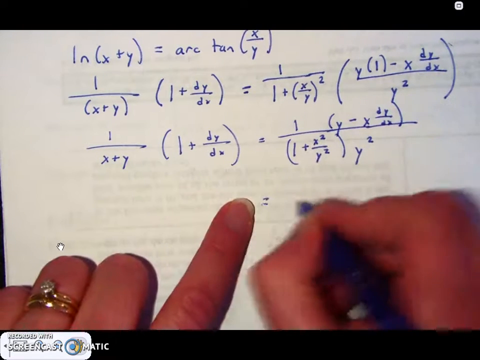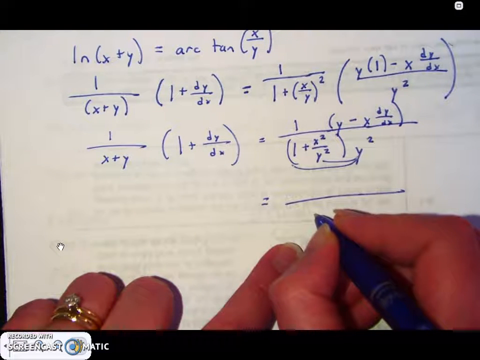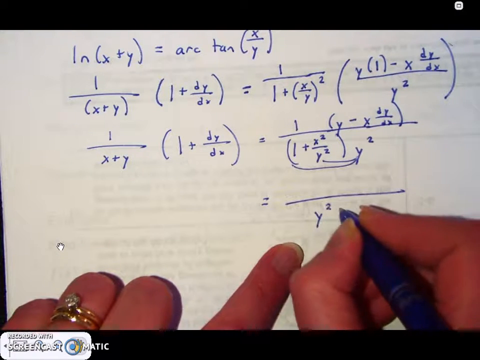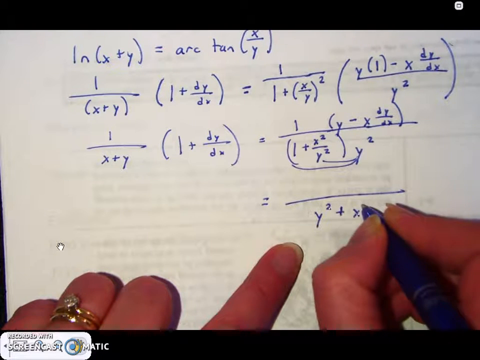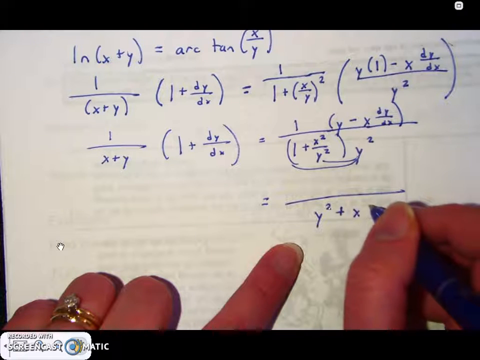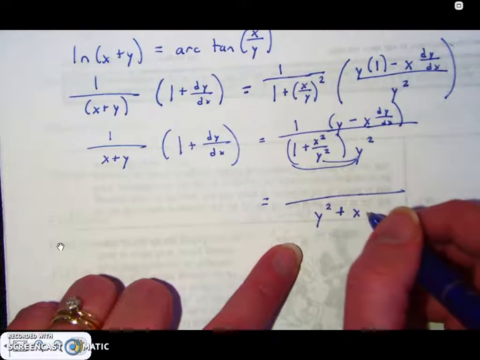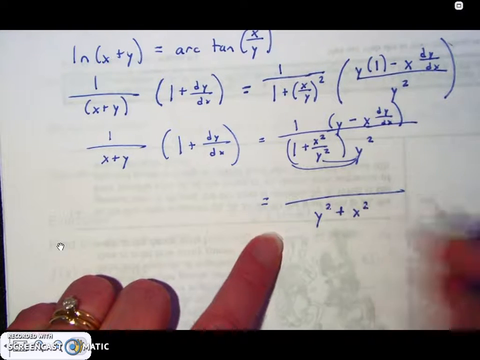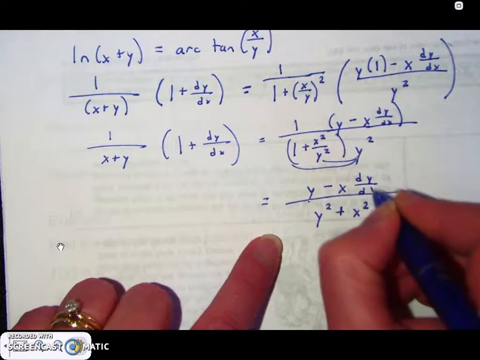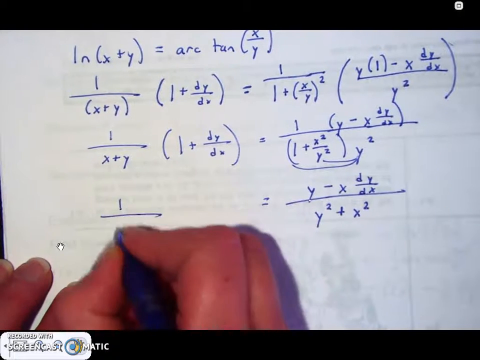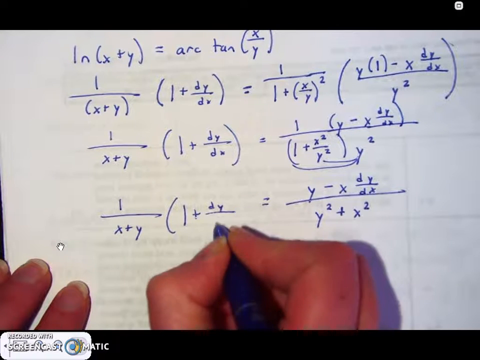If I do, what would I have in the denominator? x squared y squared over y squared, right? And again, it's fine if you wrote this part in the numerator.